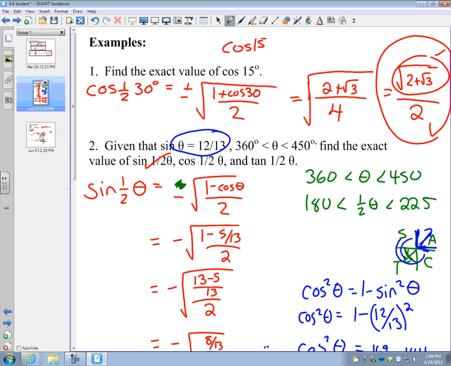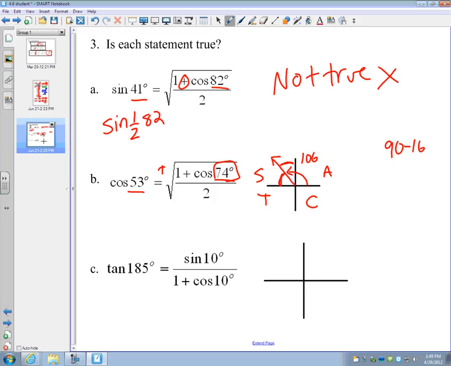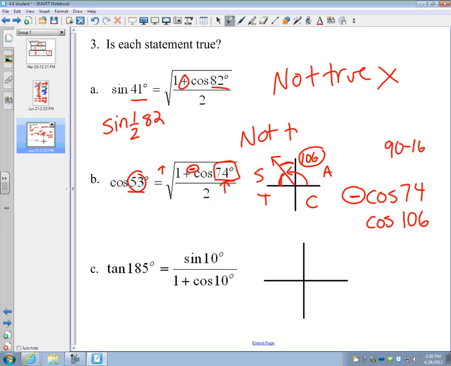Is the cos of 74 the same as cos of 106? No, because the cos of 106 should give us a negative. So there really should be a negative sign there. This one was really tricky. It was just about right, but it should be negative the cos of 74 to give us our 53 and our 106. So no, not true. Close to true, but not quite.